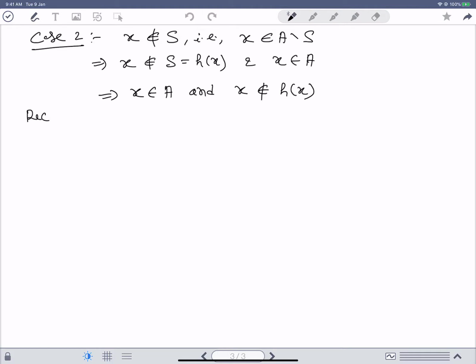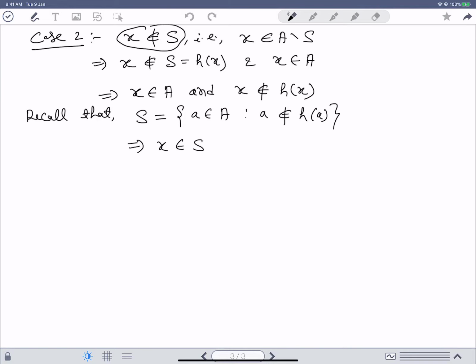Recall that S is the collection of all the elements a of A such that a is not in h(a). Since x satisfies this, that means x belongs to S. But we assumed that x is not in S, right? So this is again a contradiction.